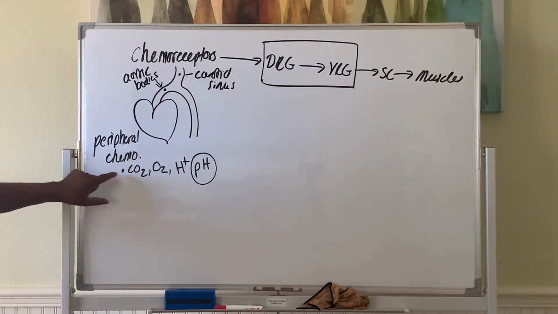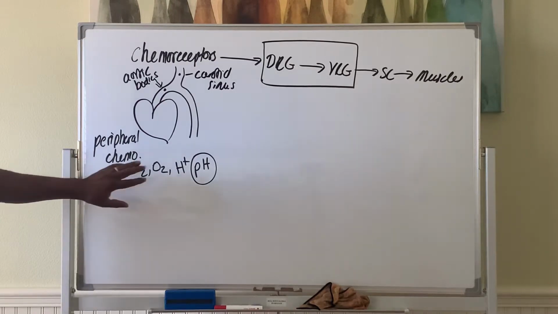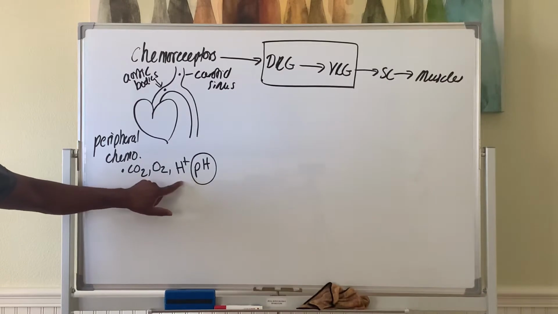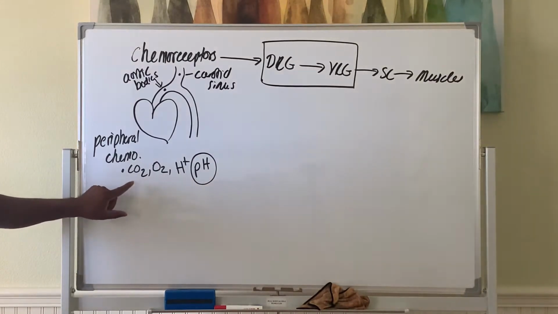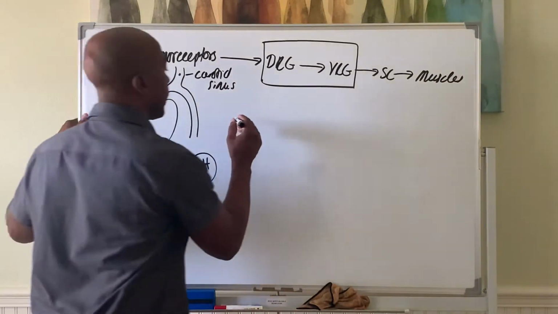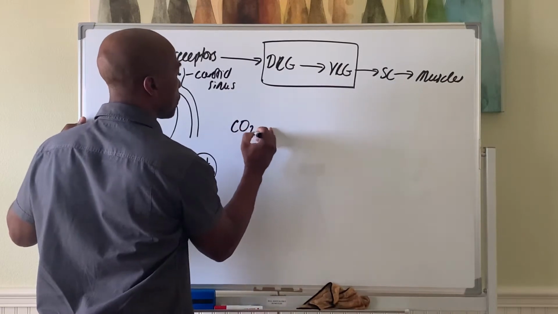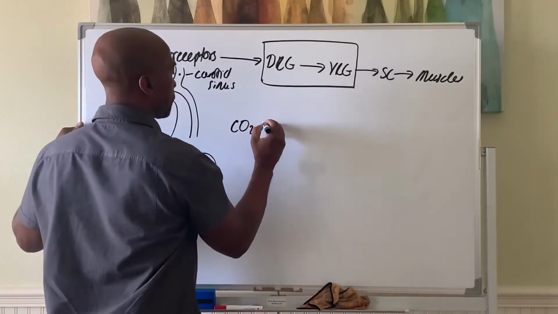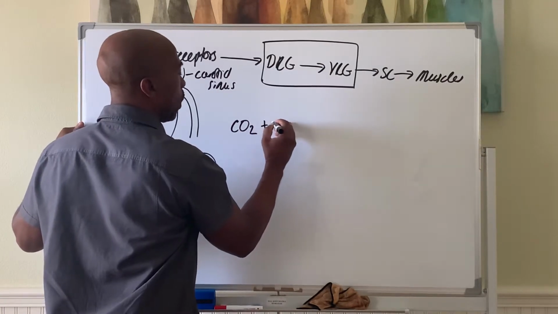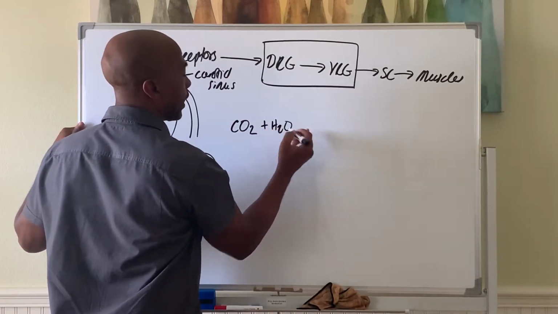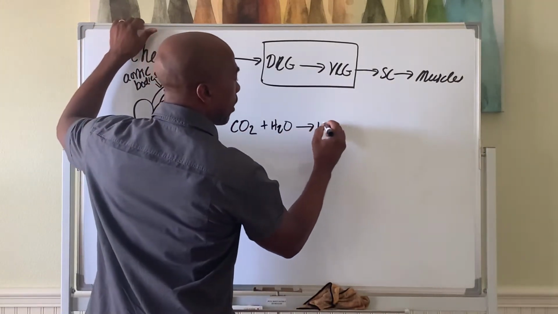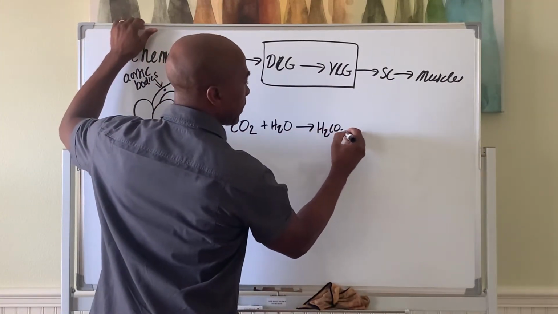So let's see how the peripheral chemoreceptors get this. pH or H+ indirectly reflects levels of CO2. Let's see how that is. When CO2 enters the blood, it will combine with water in the blood to make carbonic acid.